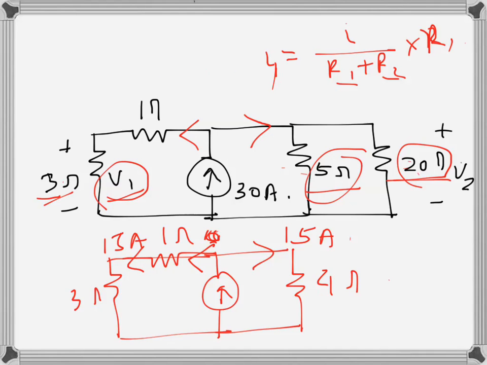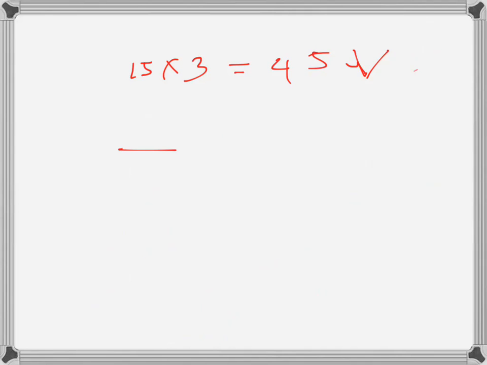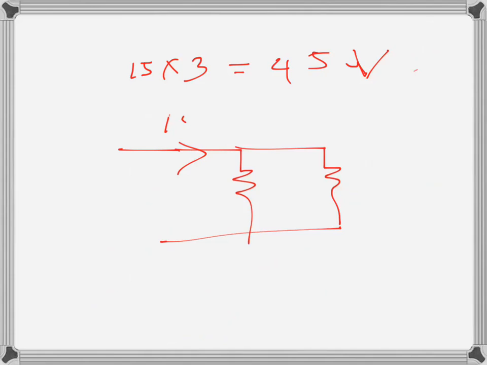Now we have to find this parallel current. This current of 15 amps will go through this one and this one, so we have to find the current in each of the branches. This is I, which is 15 amps, and this one is 5 ohms, this is 20 ohms.